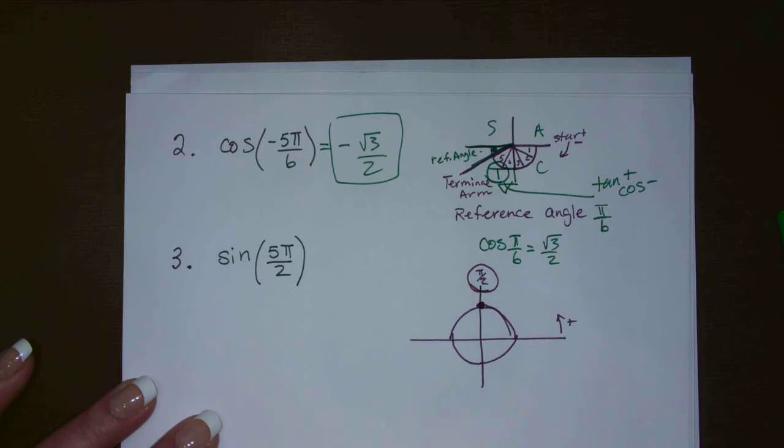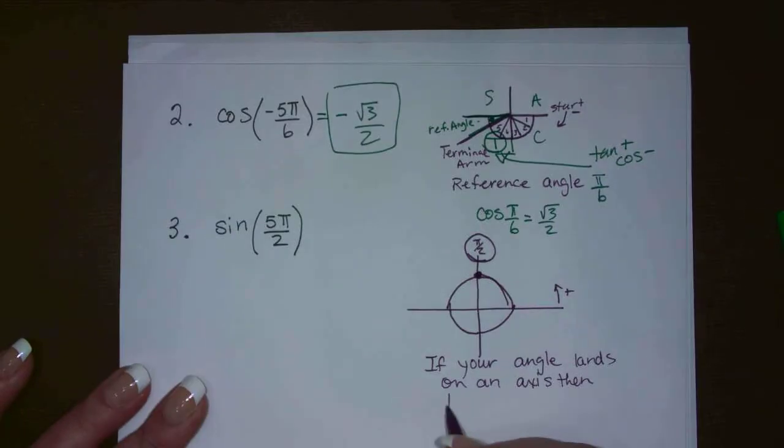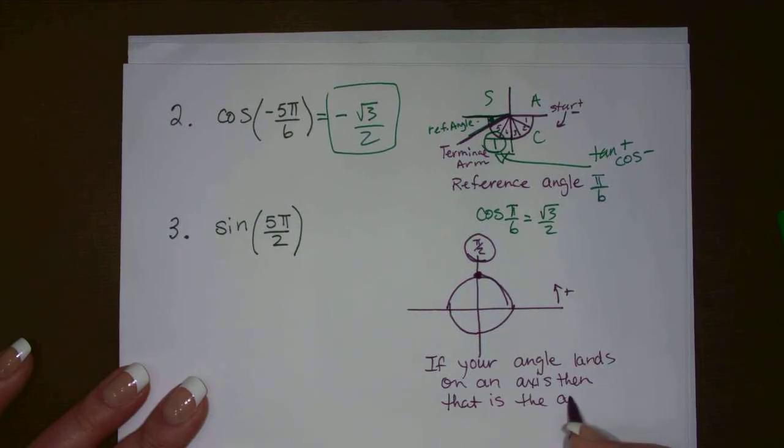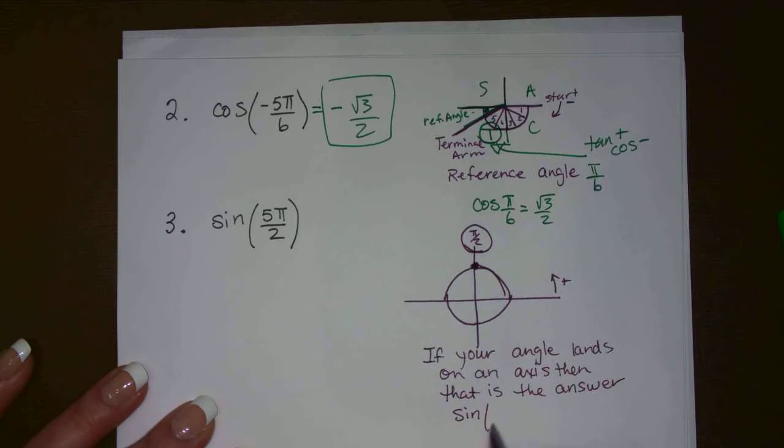If you land on an axis, that is the answer. You don't need to do the CAST rule or anything because we're not in a quadrant.